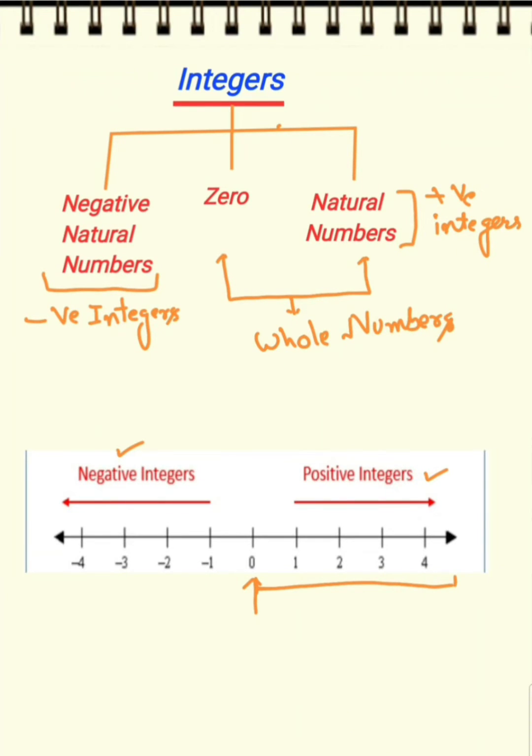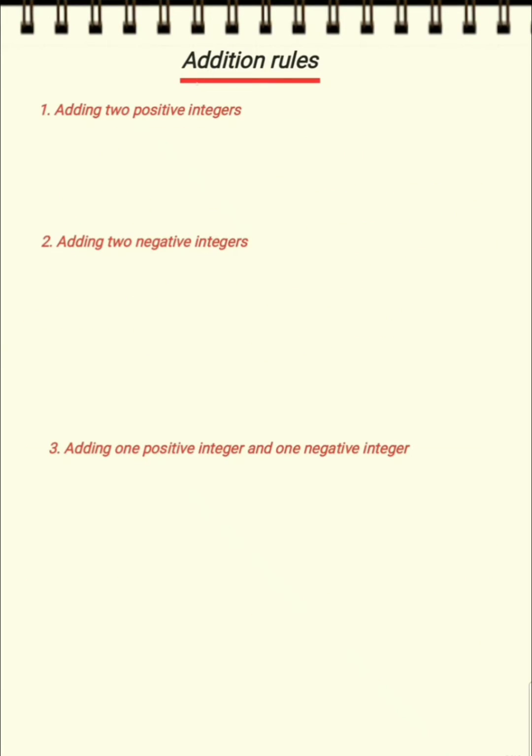We can apply all the operations like addition, multiplication, subtraction and division on integers. Addition rules. First is adding two positive integers, like a equal to 2 and b equal to 5. Then a plus b will become 2 plus 5, which is equal to 7. So after adding two positive integers, we will get a positive result only.